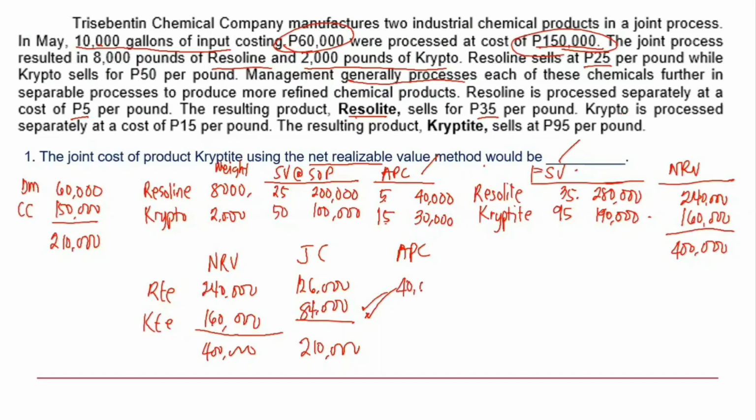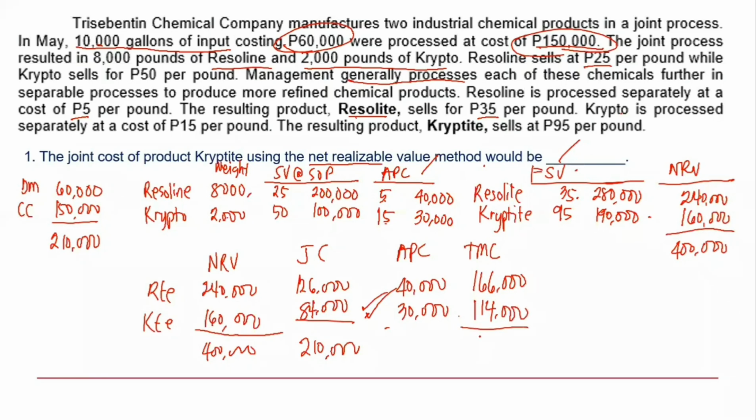It's 40,000 for Resolite and 30,000 for Cryptite. So the total manufacturing cost would be 166,000 for Resolite and 30 plus 84, it's 114,000 for Cryptite.